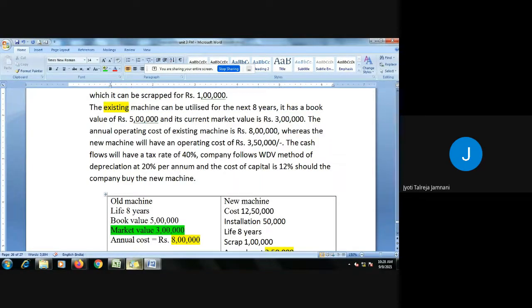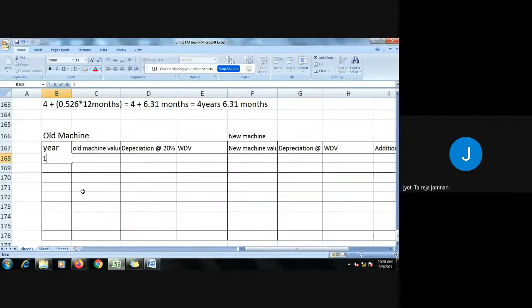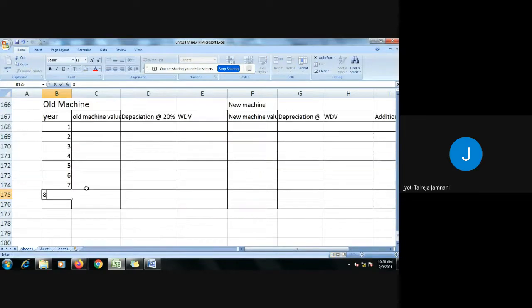So both the machines have a life of 8 years. Then the old machine value is 5 lakh today, the book value which is given. If I'm going to use it for the next 8 years, from 5 lakh I have to start. On 5 lakh, first I should calculate 20% depreciation.